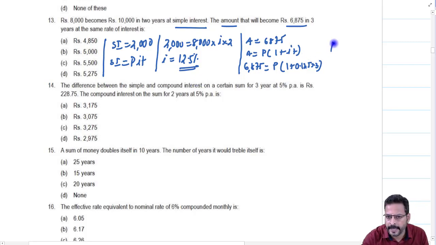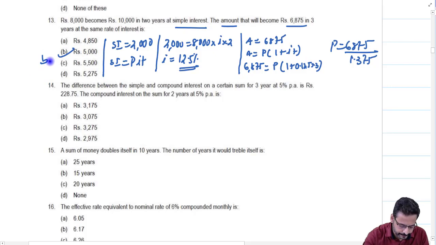So P is equal to 6875 divided by 1.375. The answer you will get is P is equal to 5000.